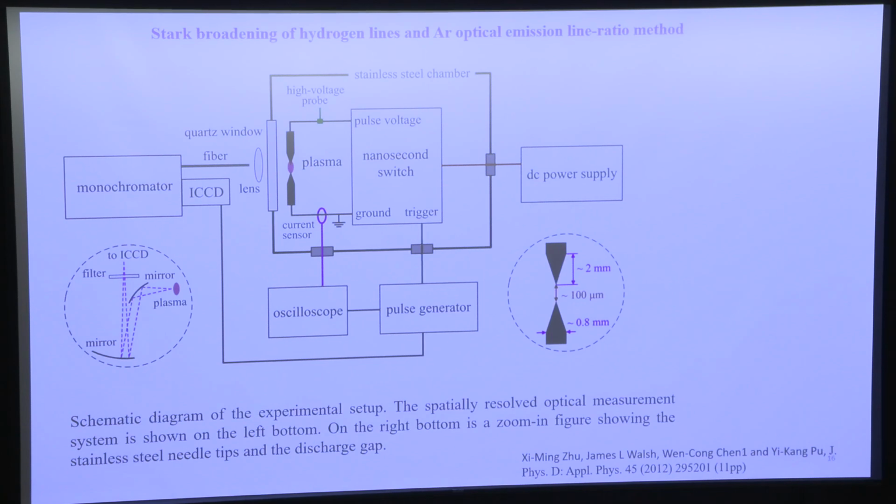And this is an experiment at Tsinghua University by Yiguang, who graduated from MIT. He basically has a needle-to-needle plasma and an ICCD camera, and he wants to watch it in a hydrogen and argon mixture.